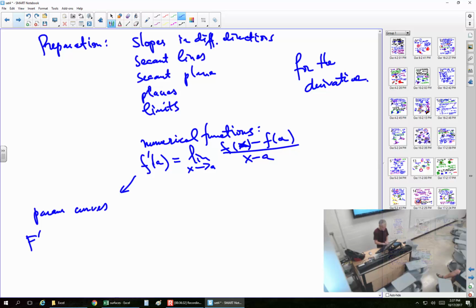Okay, so F prime of, say, a, once again, capitals are multidimensional, lowercase are numbers. So it is still a limit. I'm just rewriting the same formula as I have for numerical functions, just using different letters, uppercase for vectors and lowercase for numbers.